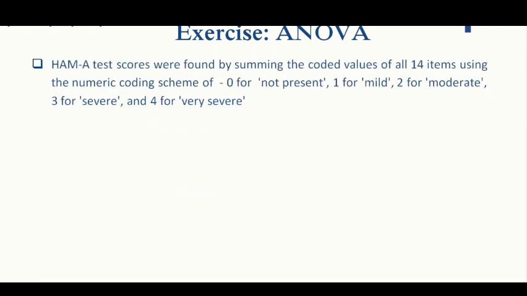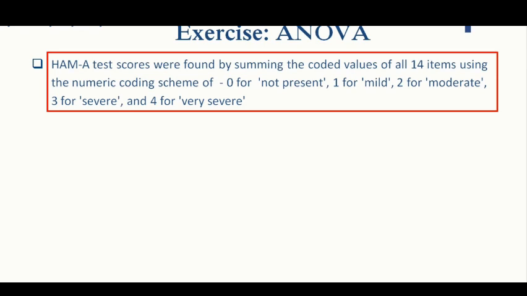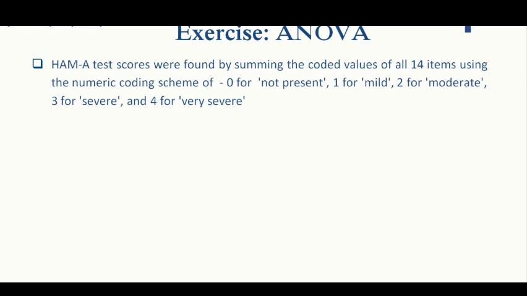So, this was done, and these HAM-A test scores were found by summing the coded values of all 14 items using the numeric coding scheme of 0 for not present, 1 for mild, 2 for moderate, 3 for severe, and 4 for very severe. For each of the previous ones, a patient will give you answers like: I have mild headache, nausea not present, likewise.